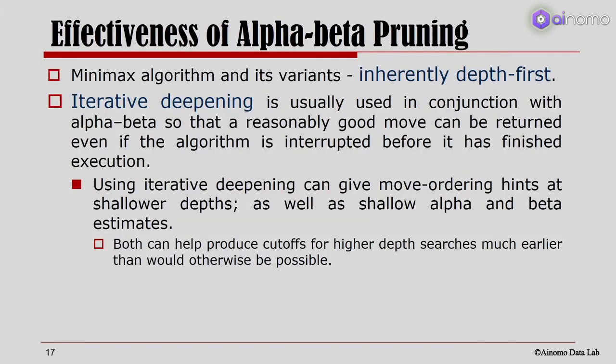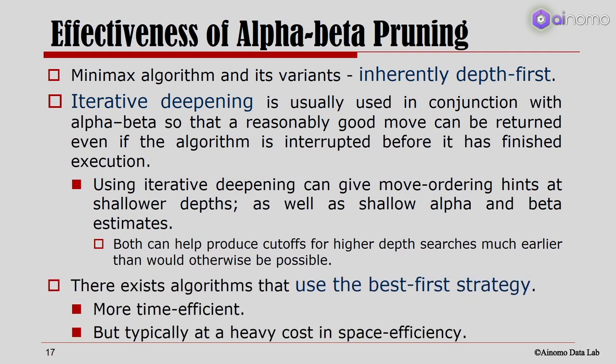Now, using iterative deepening can give move ordering hints at shallower depths as well as shallow alpha and beta estimates. Now, these can produce cutoffs for higher depth searches much earlier than would otherwise be possible.